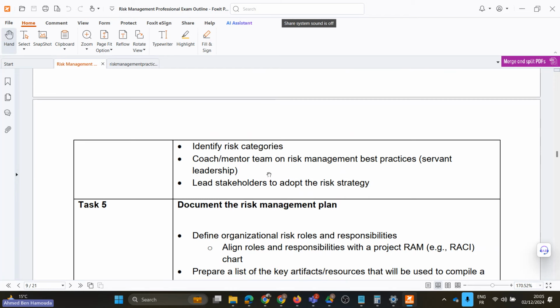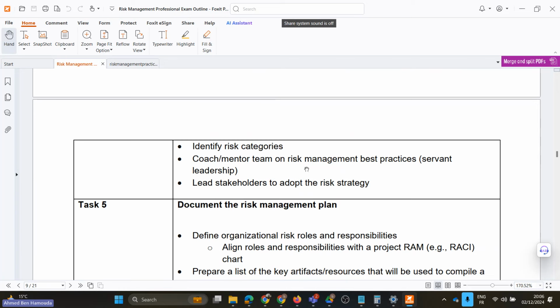Okay, and here PMI favors the servant leadership mindset and style. Because for example in agile, the self-organized and self-managed team are the ones mainly responsible for identifying technical risks.